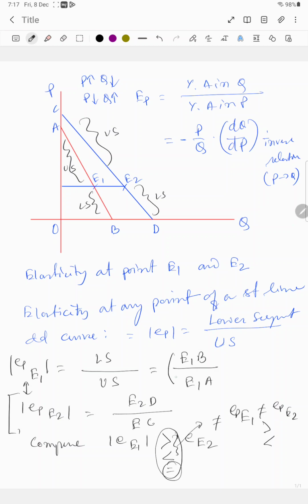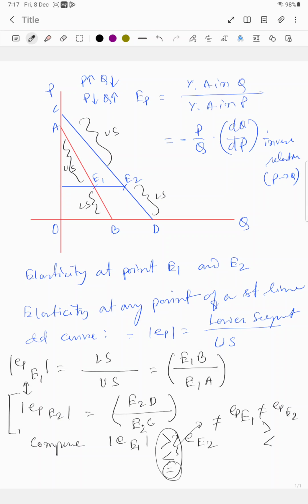Graphically, we get these two ratios: E1B by E1A and E2D by E2C. These parts of the straight lines are not related to each other. How can you compare?